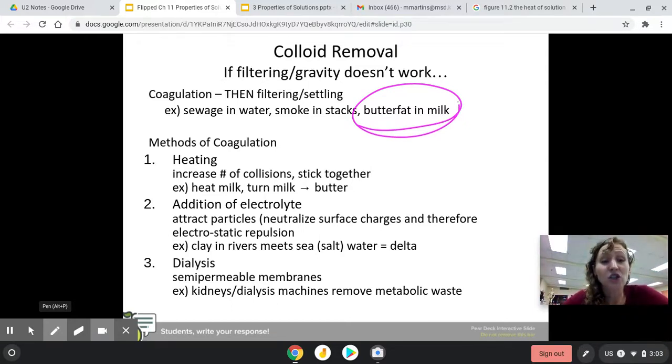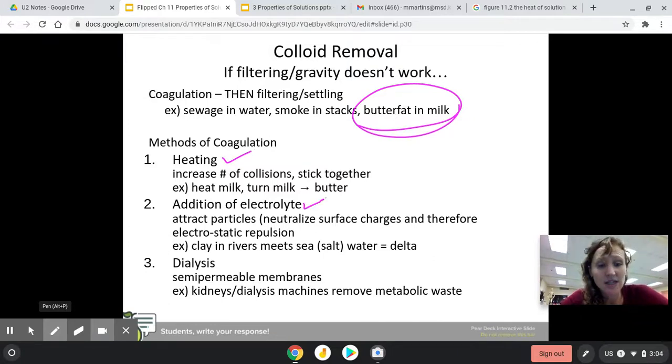Stirring can do it too. If you put cream in a blender and put it on high for like 3 minutes, all of the proteins or the fat in the milk will start to stick together. And that's what you get as butter, you're coagulating these little things inside the milk.